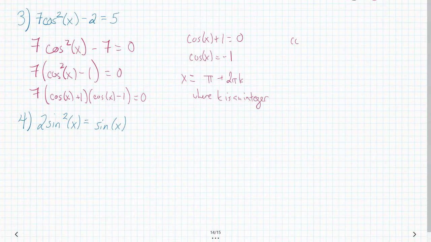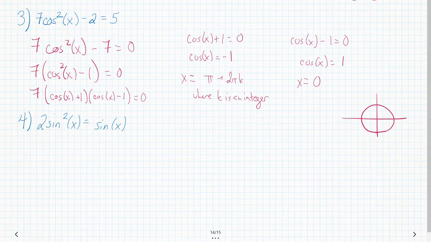Okay, and then when we go cosine of x minus 1 equals 0, you get cosine of x equals 1. And the only place that this happens is when x equals 0. Because what we're doing in both cases, you have that unit circle. One occurs when the angle is 0 there.